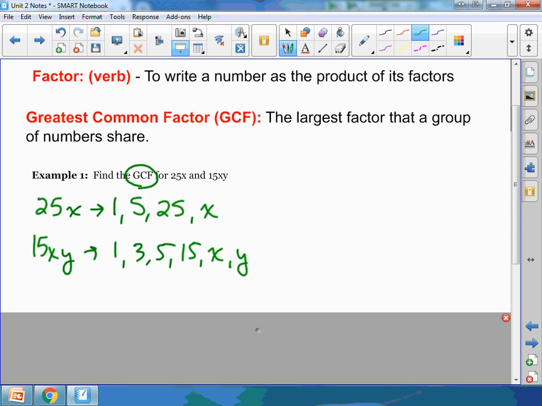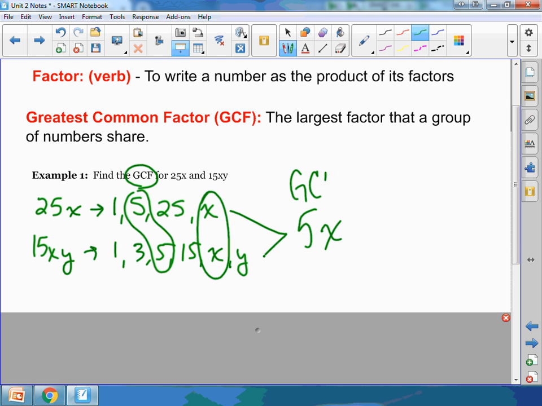So numerically speaking, what is our greatest common factor between these two terms? Okay, 5. That's the largest number that appears in both of these lists. But do they share any other factors? Emily? An x, exactly. There's also an x in both lists. So we would say that our GCF for these two terms is 5x.